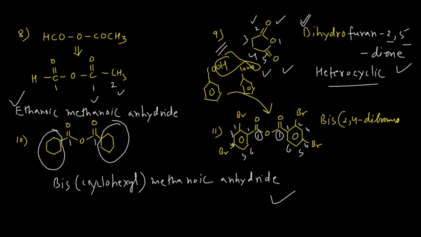So basically this is benzoic anhydride. So you'll write bis(2,4-dibromo), and then you will write benzoic anhydride. Okay, so this is the IUPAC nomenclature of this particular compound.